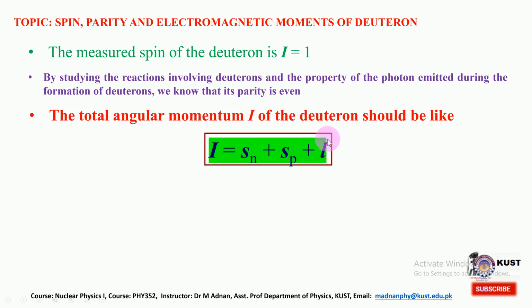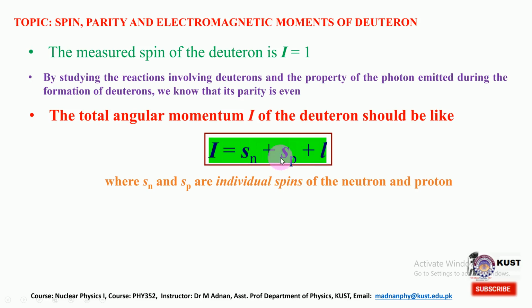And we have discussed these orbital motions in nuclei arise due to the average potential of the nuclei. Now, where S subscript N and S subscript P are individual spins of the nucleons, the neutron and proton, as the deuteron nuclei is composed of only two nucleons.